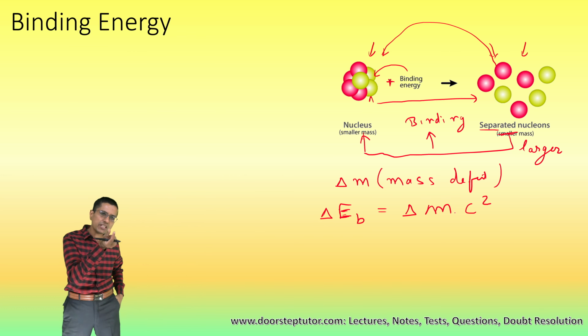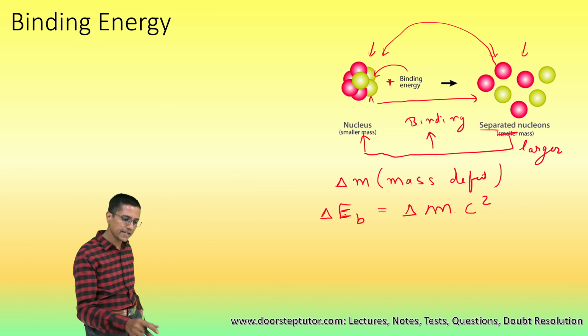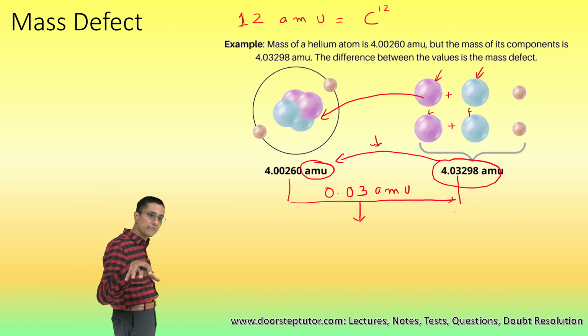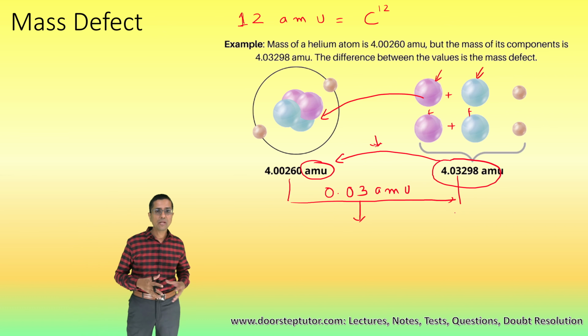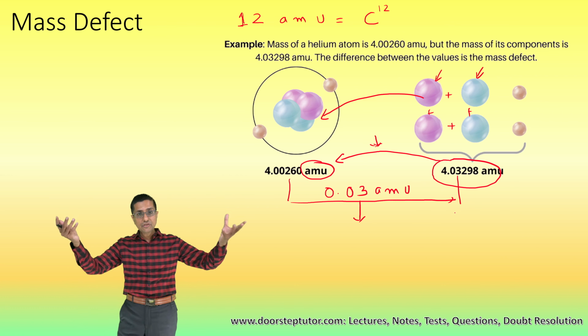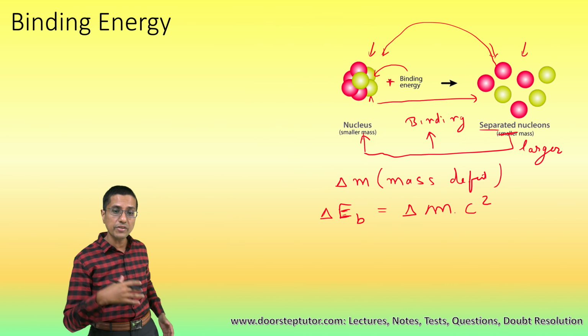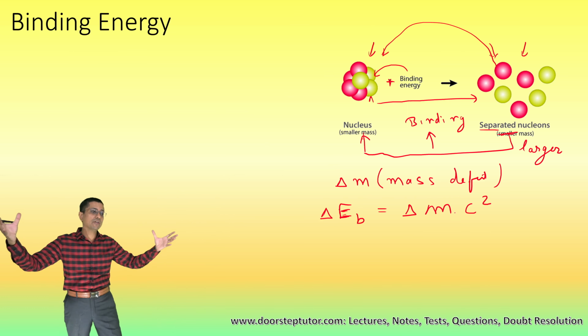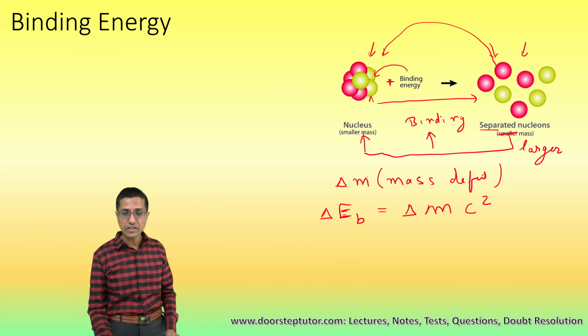So even a very small change in mass, for example, in the case of helium we saw it is equal to only 0.03 AMU. There is a very small change in mass, but because it is multiplied by c squared, the square of the speed of light, 3 into 10 raised to power 8 meter per second, that is a very large quantity, and we are squaring it.